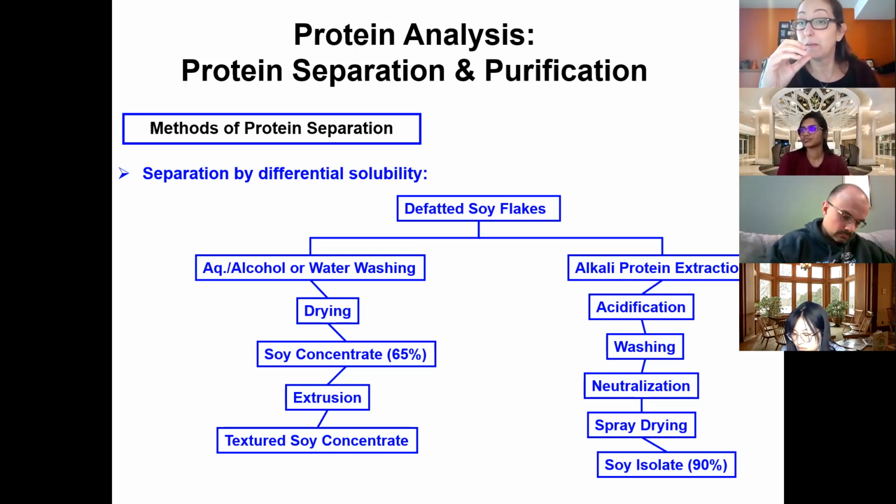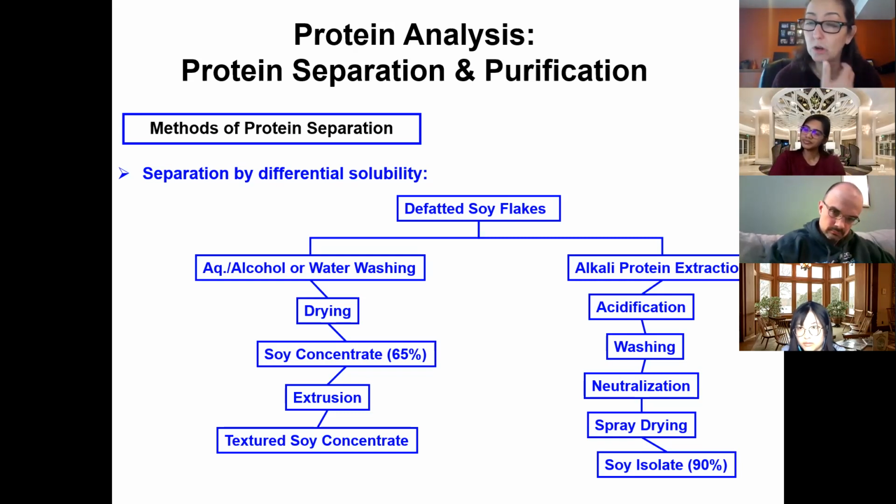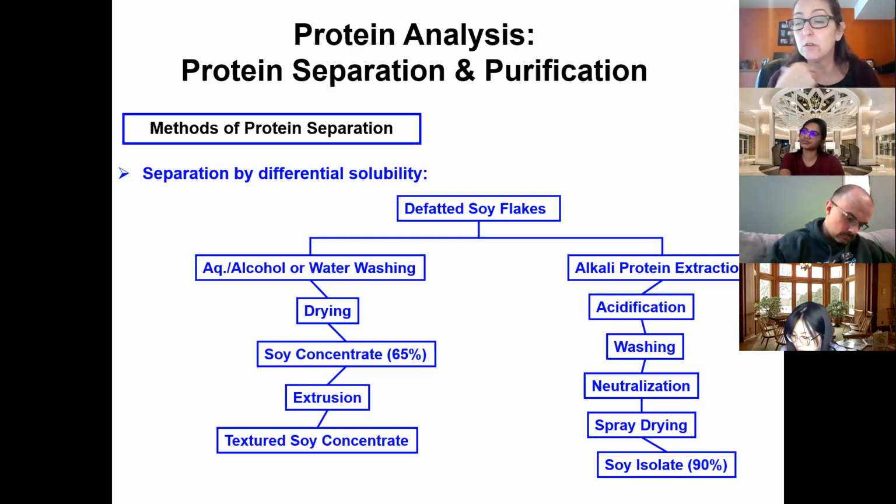So you take that precipitate, separate it from the solubles, but then you resuspend it and neutralize. You never want to dry your protein at the isoelectric point. You cause permanent denaturation. So you redisperse, neutralize, and pasteurize, homogenize, and spray dry.